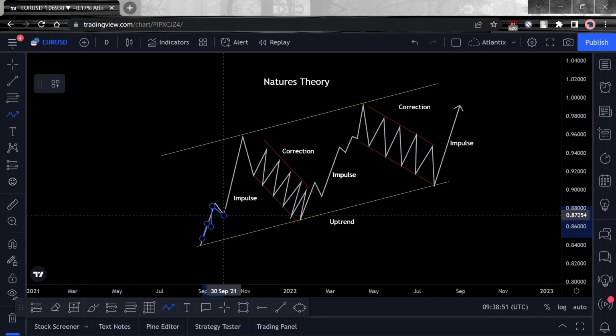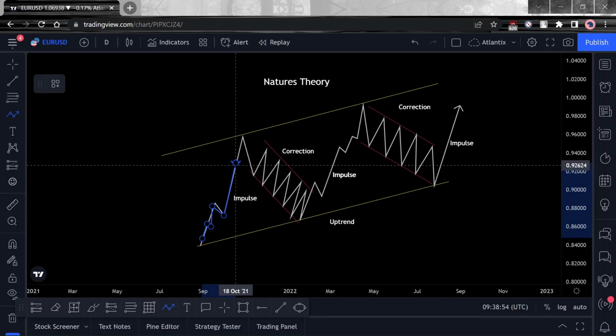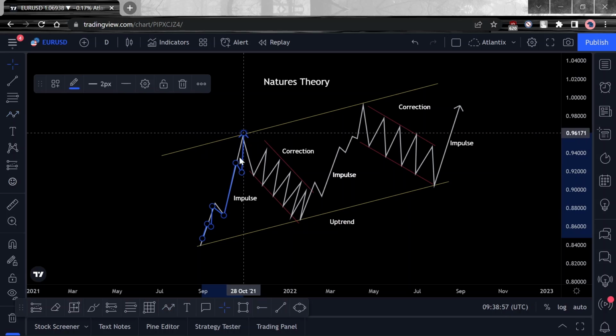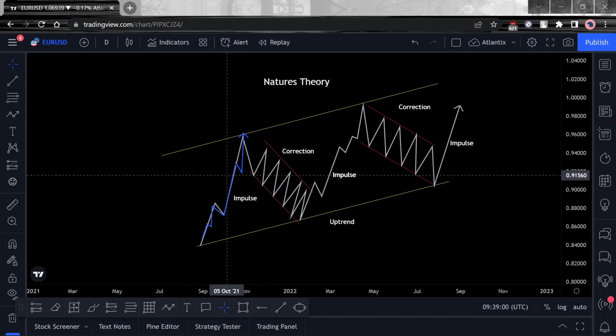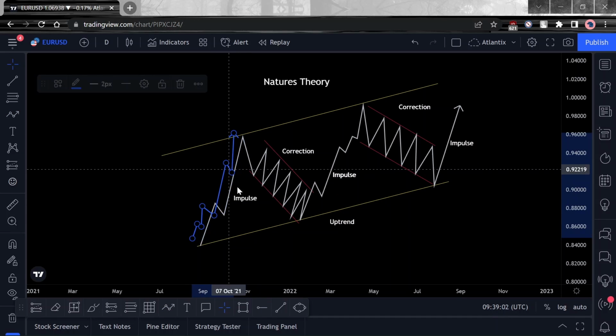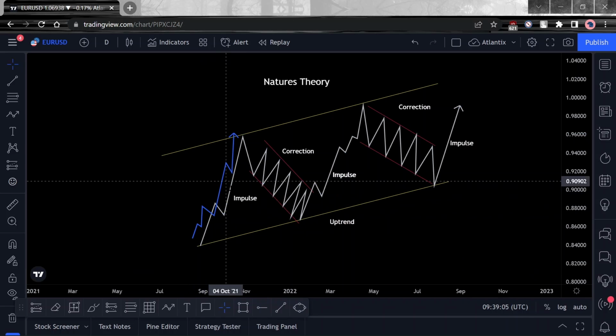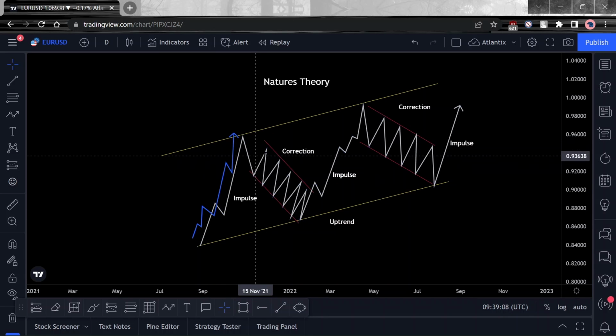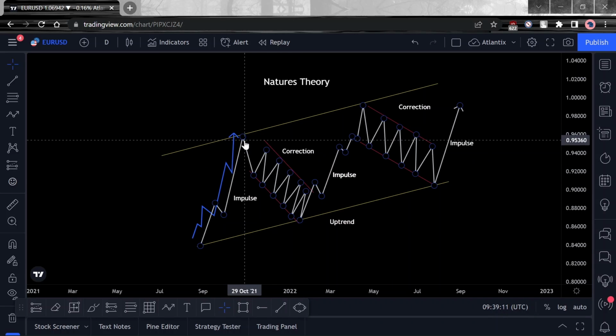It's just going to be very strong, very decisive moves up, which will have minimal shifting to the downside.